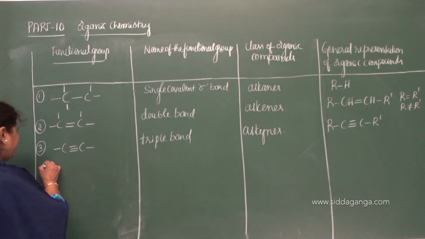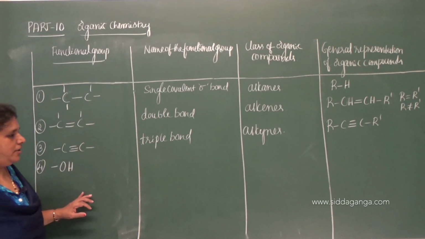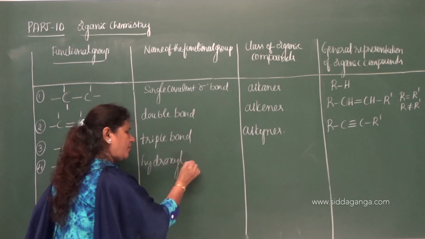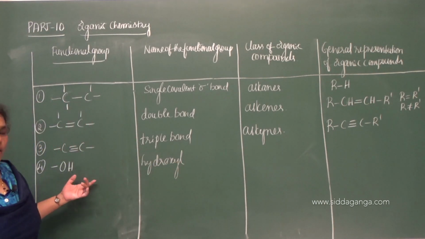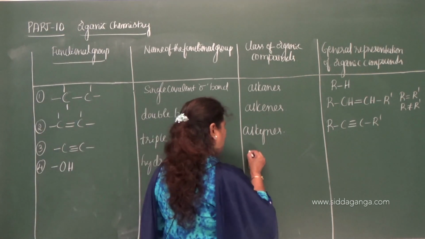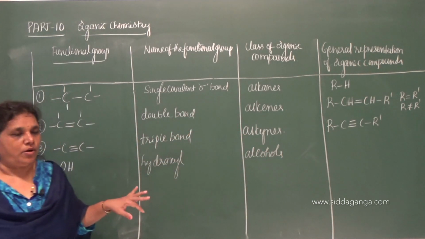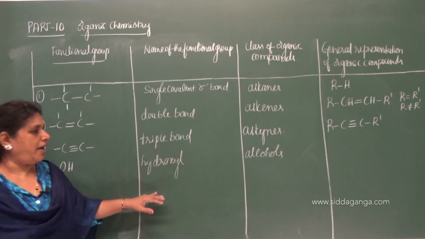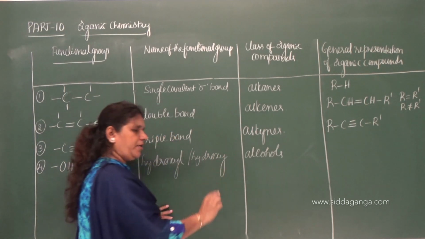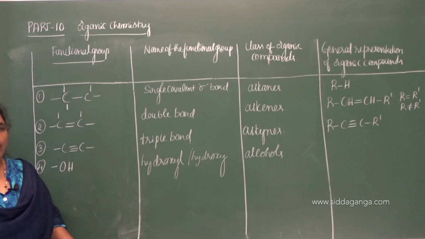Okay, now the fourth one is OH, that is hydroxyl. Hydroxyl group means it belongs to alcohols. The class of compounds is alcohols. You can also name it as hydroxy. Hydroxyl or hydroxy, and the compounds belong to the class called alcohols.